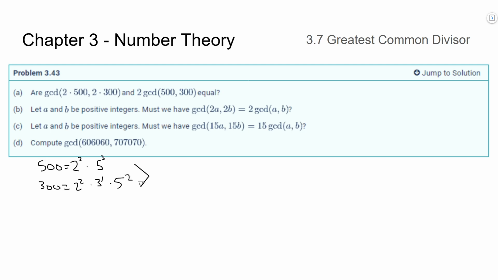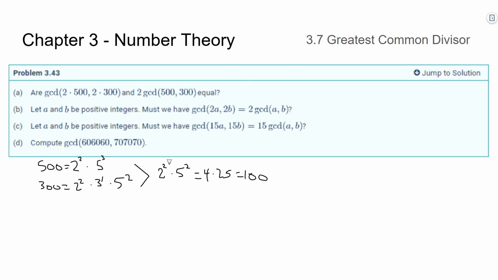All right, so what do we have common for these? We have a 2 squared common. We have no 3's common. And we have 5 squared common. That's going to be 4 times 25, which we know is 100.